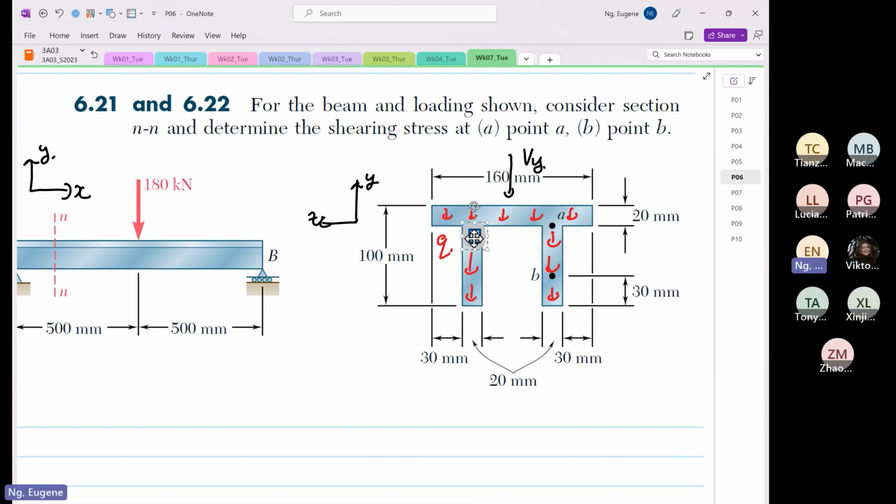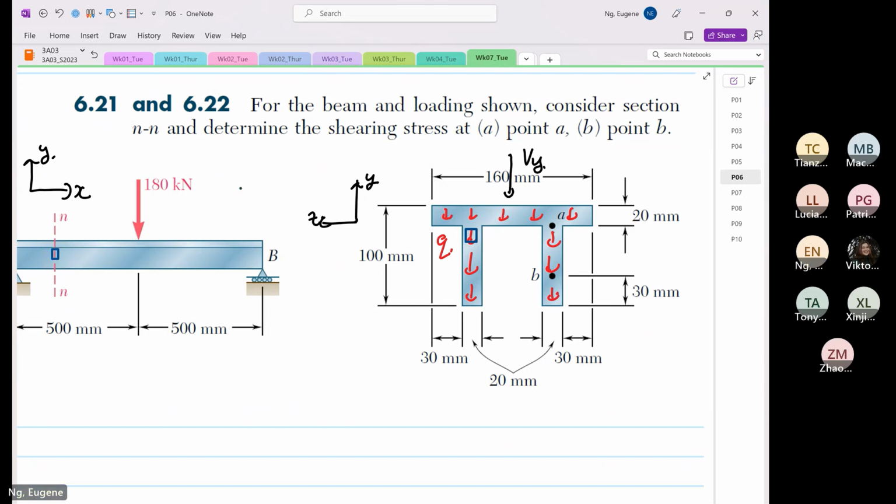If you ask me, Eugene, where's the element over there? Then I will draw a smaller rectangle. This is where our element is. Our element will not be so thick; it will be a bit thinner in this view.